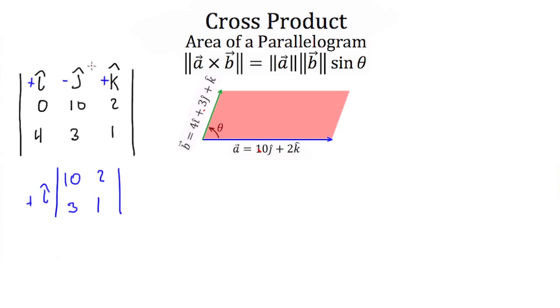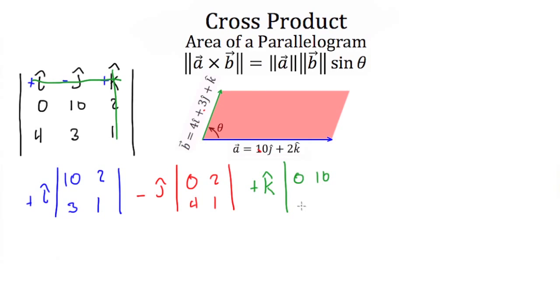Then I take my minus j and I multiply it by the 2 by 2 matrix that's created when I ignore everything below it and next to it. So 0, 2, 4, and 1. Then I take my positive k and I multiply it by the 2 by 2 matrix that's left when I ignore everything next to it and below the k. So 0, 10, 4, and 3.